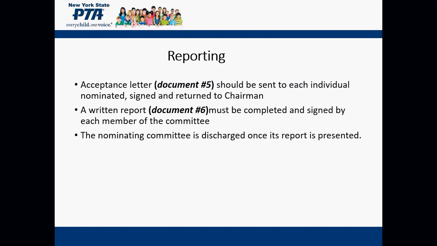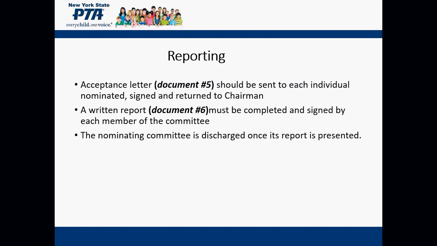So when you're reporting, document number 5 is an acceptance letter, and that just goes to each of the nominees so that they can sign and say, yes, I agree. So if come time of the election meeting that nominee is unable to attend for whatever reason, you have in writing that they have agreed to serve.